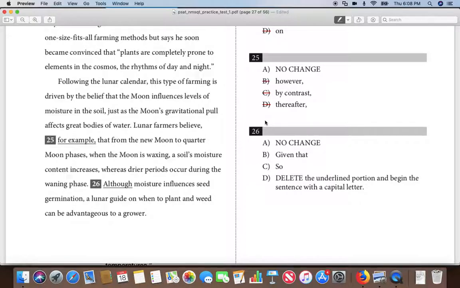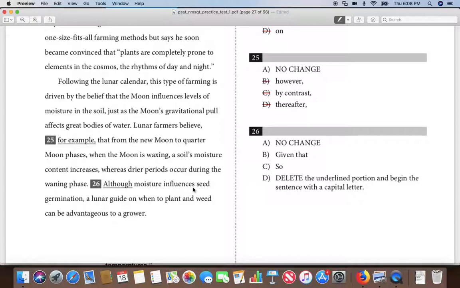So what's the relationship, though, between those two ideas in that sentence? Is that either similarity, cause and effect, contrast, or providing examples? Cause and effect? Yeah, I think it's cause and effect. What do you guys think?